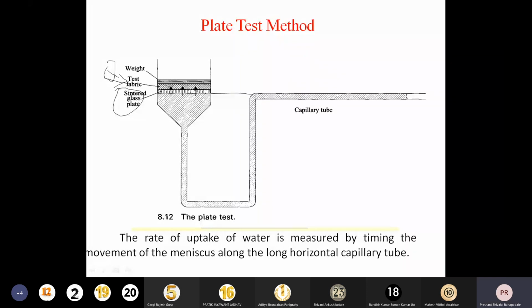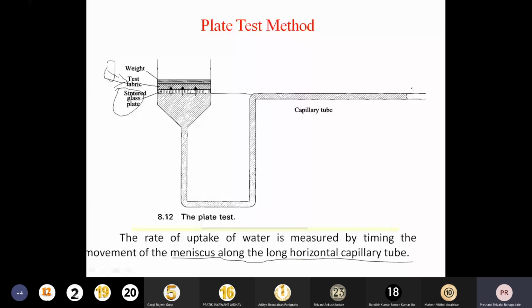It is measured by timing the movement of the meniscus along the long horizontal capillary tube. So we have to keep watch. Here, on this, the rate of uptake of water is measured by the timing of movement of the meniscus along the long horizontal capillary tube.